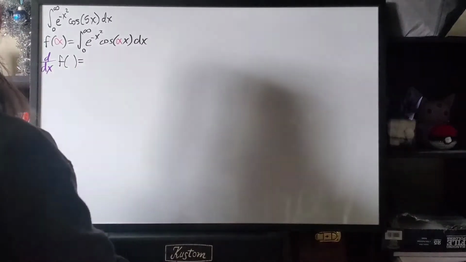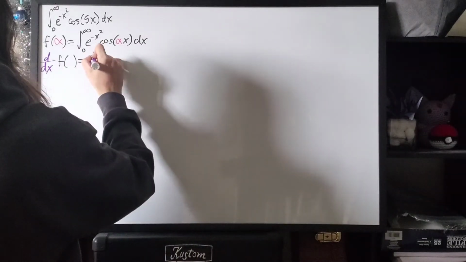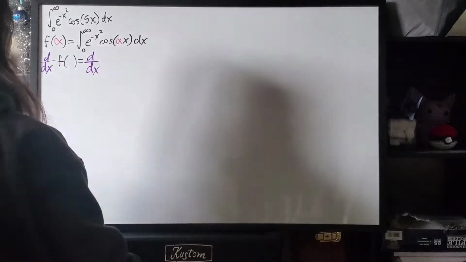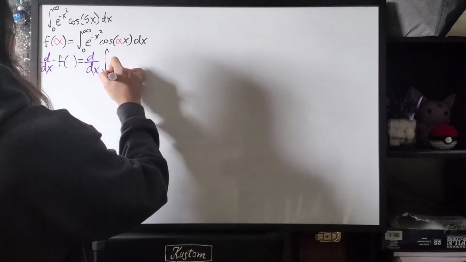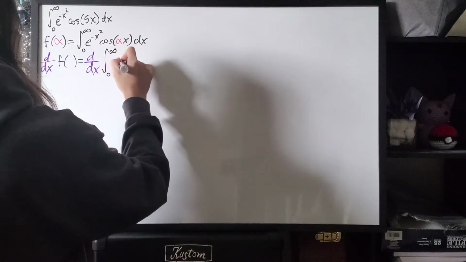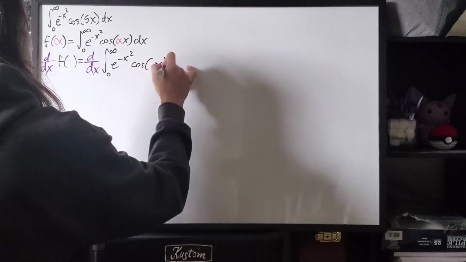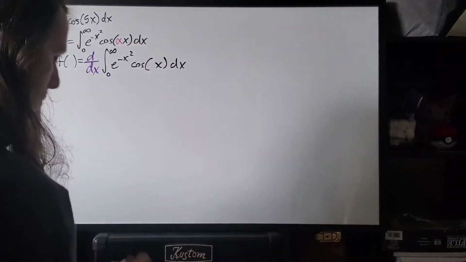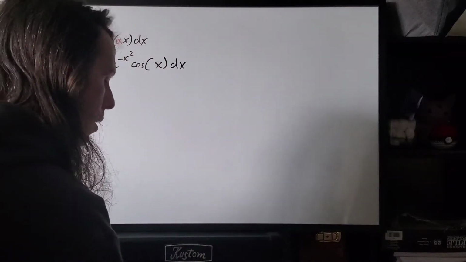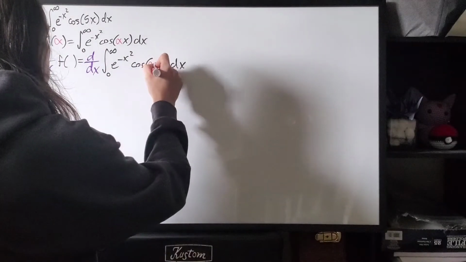Derivative on this side. Derivative of this integral bound from 0 to infinity, e to the negative x squared, cosine of alpha x, all with respect to x. Where's our red marker so we can put in the alphas?